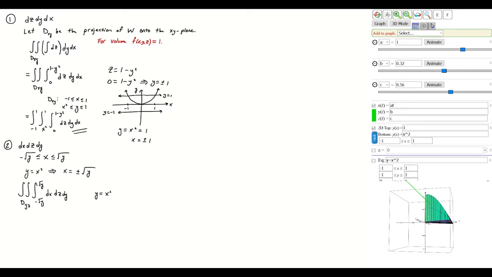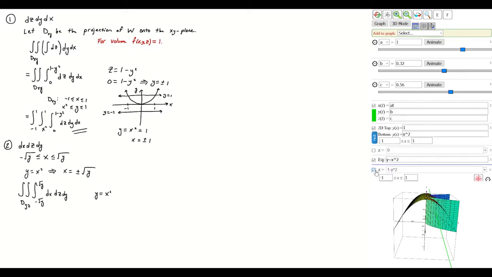That's what that surface is. So if we graph that, we get that. But here's the thing. It's sort of being chopped off by this other surface. That seems to be the actual cutoff here.